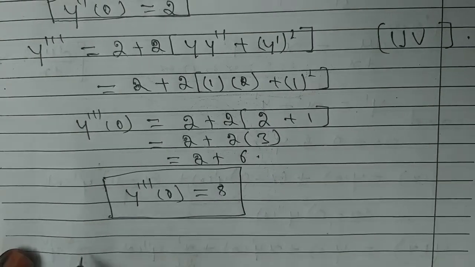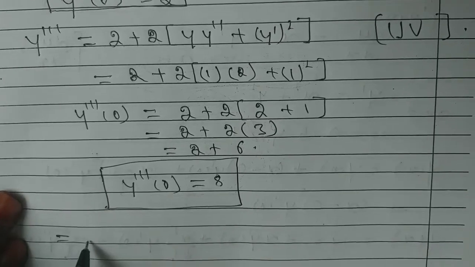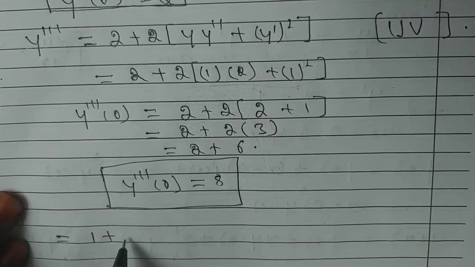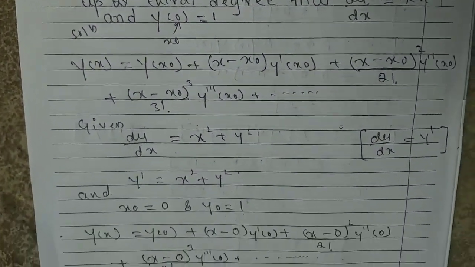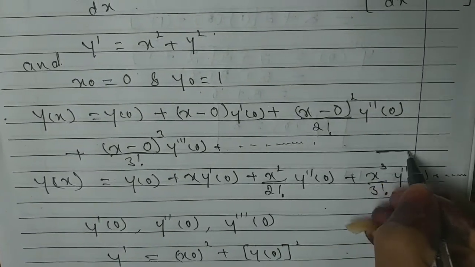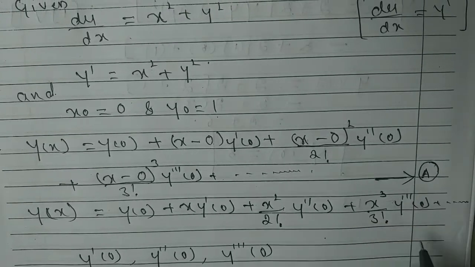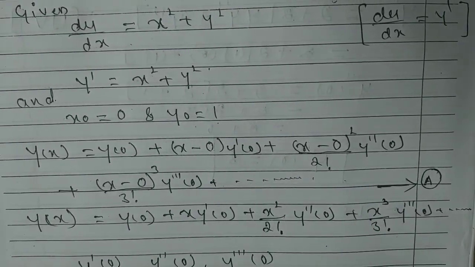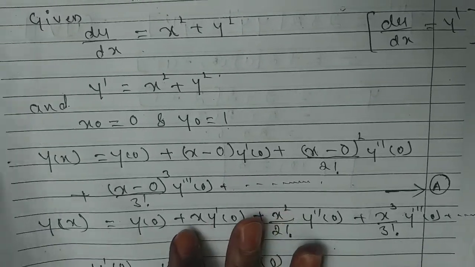Put all the values of y dash of 0, y double dash of 0 and y triple dash of 0 in the equation. Name this equation A. We need to put these values in this equation.